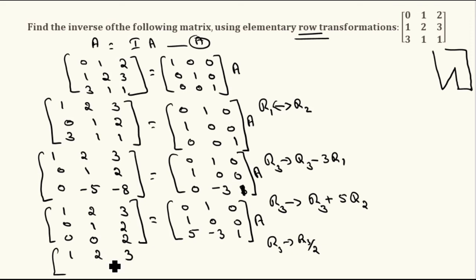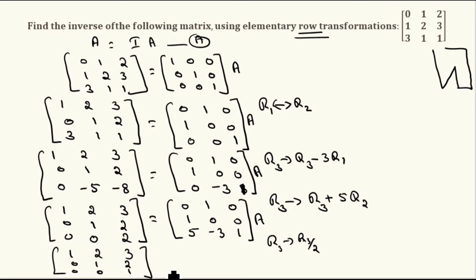1, 2, 3, 0, 1, 2, 0, 0, 1 equals, see, 0, 1, 0, 1, 0, 0, this divided by 2: 5 by 2, minus 3 by 2, 1 by 2. Now this has to come 0, this also has to come 0, this also has to come 0.